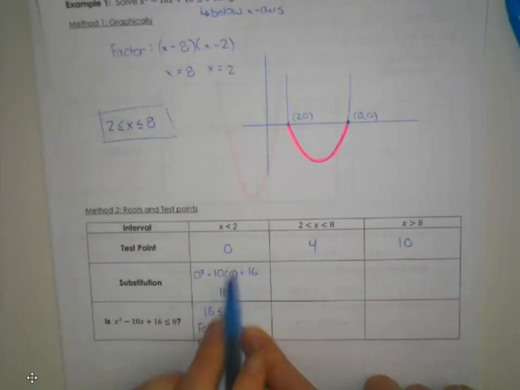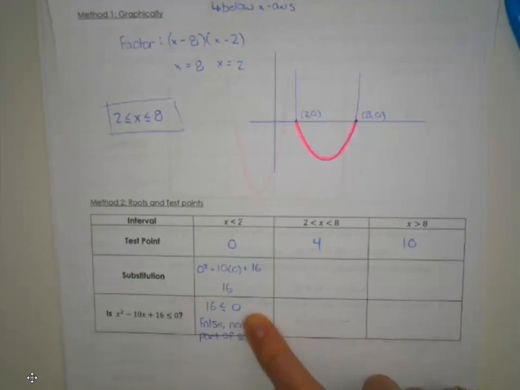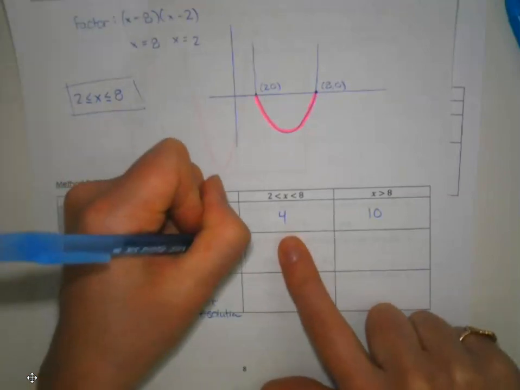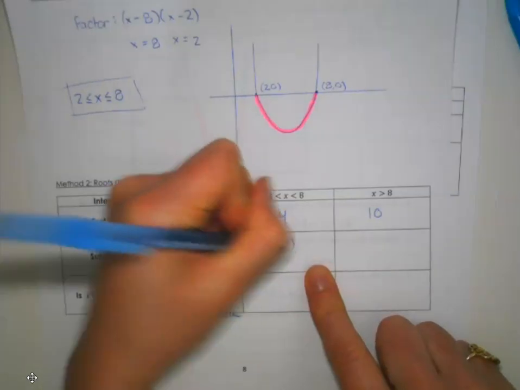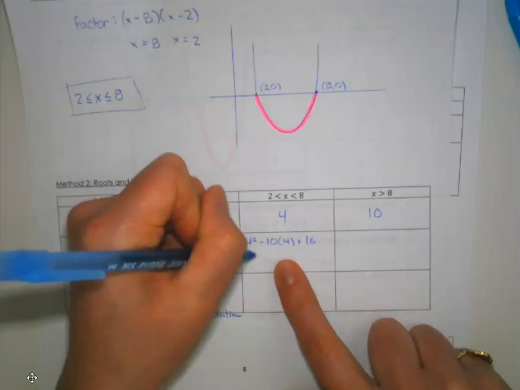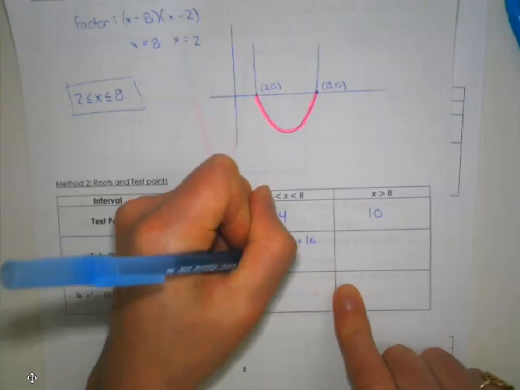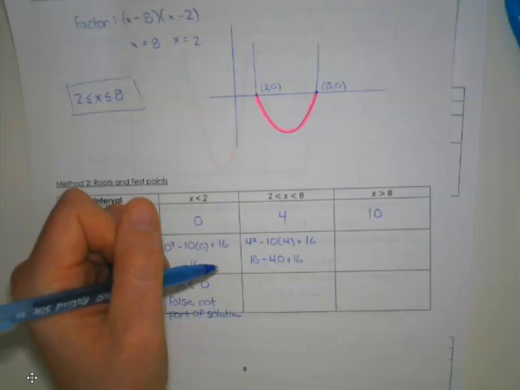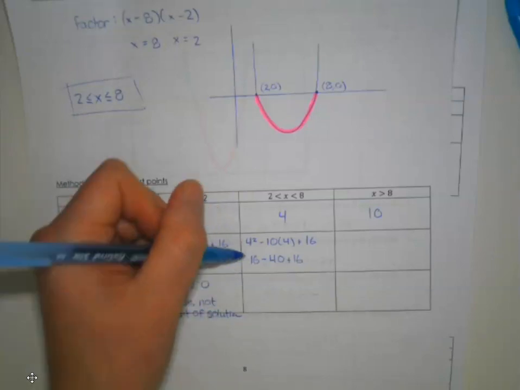So we know that any part of the graph that's less than 2 is not part of the solution area. If we fill in the next one, we have 4 squared minus 10 times 4 plus 16, which would be 16 minus 40 plus 16, which gives us negative 8.